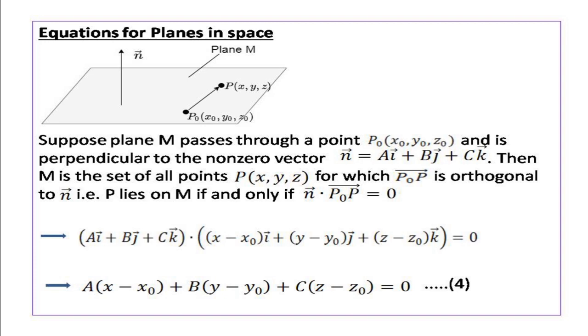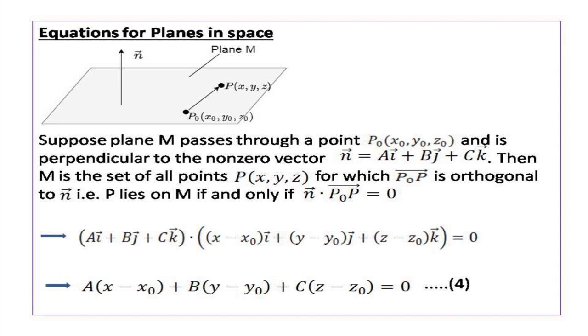Then we can define M to be the set of all points P, x, y, z for which vector P0P is orthogonal to vector n. That is, P lies on M if and only if vector n dot vector P0P equal to 0. If two vectors are orthogonal, we know that their dot product will be equal to 0.